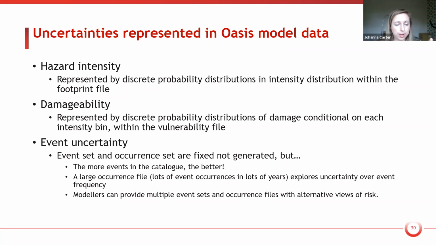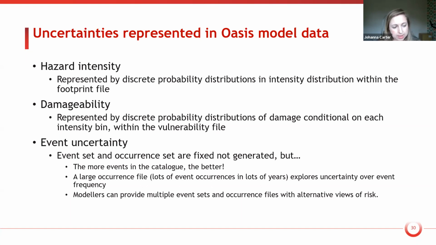And in terms of exploring frequency, you might have never seen more than one severe event in history, but that doesn't mean that 2 events can't happen in a year. So if you provide lots and lots of years of event occurrences, where sometimes no events happen, sometimes one event happens, 2, even 3, then that helps you to explore the uncertainty over event frequency.